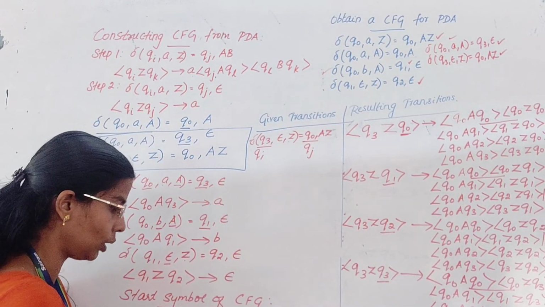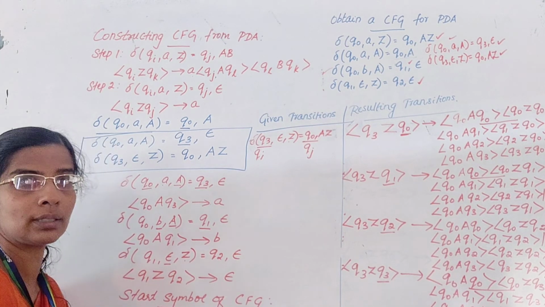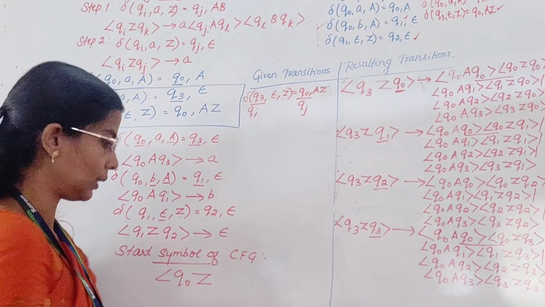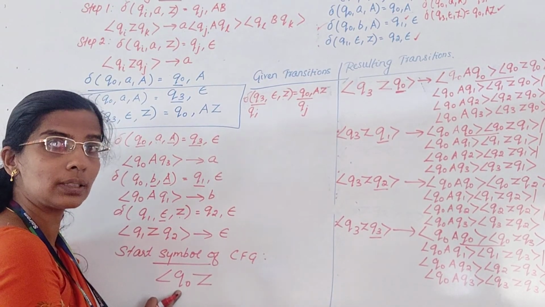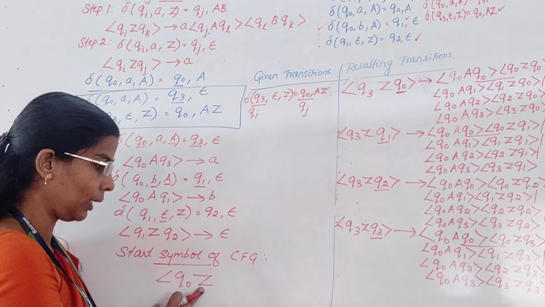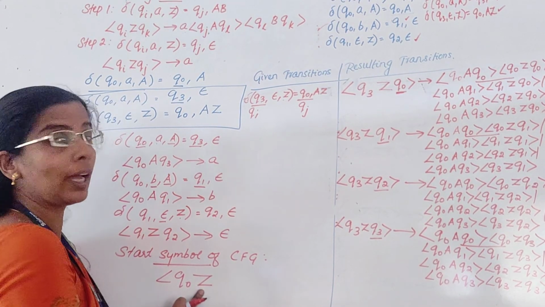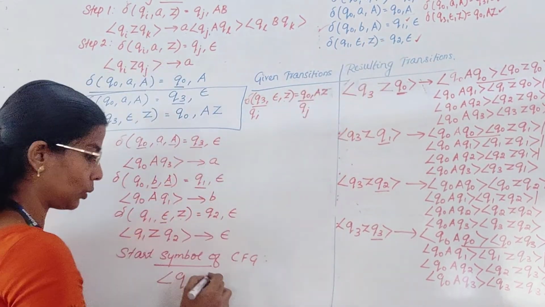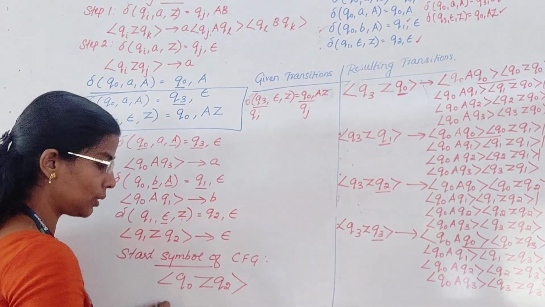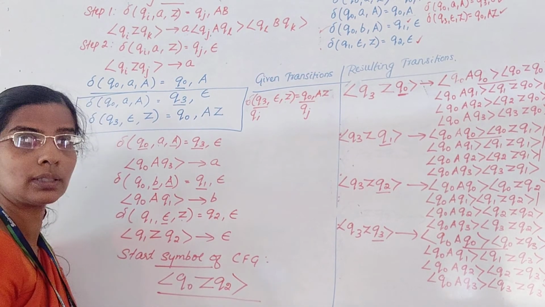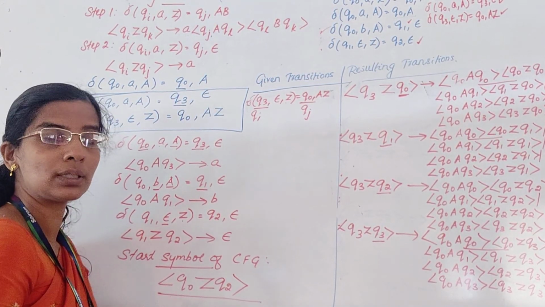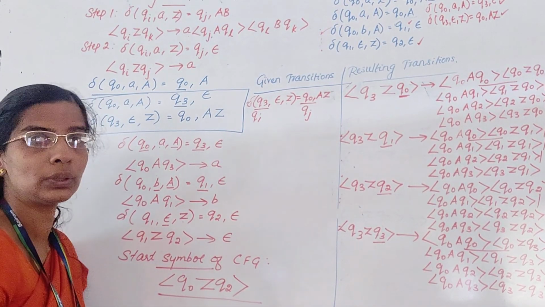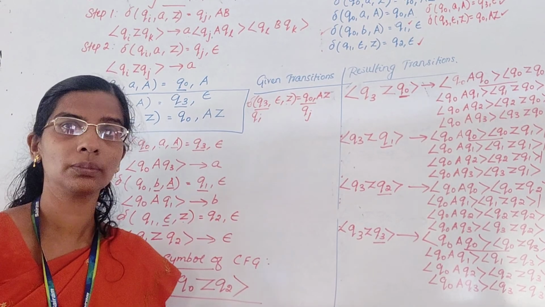So write Q naught, then the initial position of your stack, and then the final state of your PDA. Q2 is the final state of your PDA, so you can write Q2. This triplet form is the start symbol of your CFG. Q naught, set, Q2 is the start symbol of your CFG. Thank you.